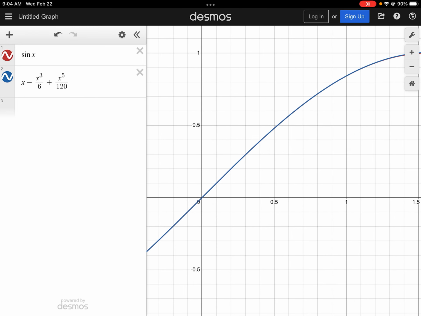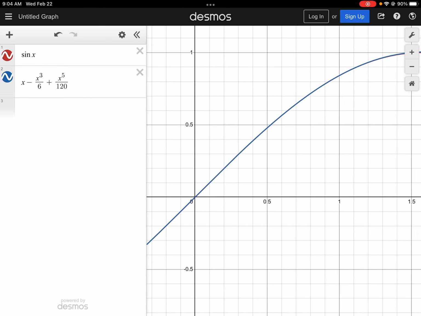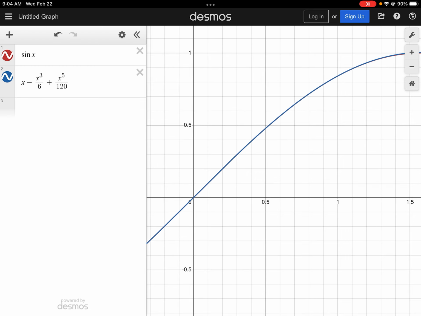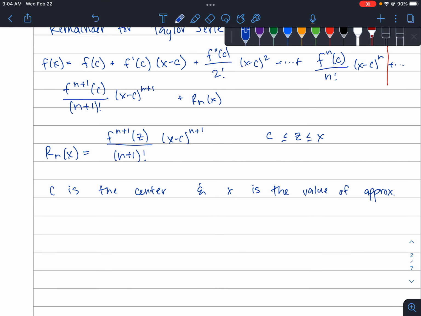So he's saying there is a value between 0, where we're centered, and 1, the value of approximation, where if I take the n plus 1 derivative at that value between 0 and 1, it will actually give me the exact value. Now, the thing is, we do not know how to find that value.